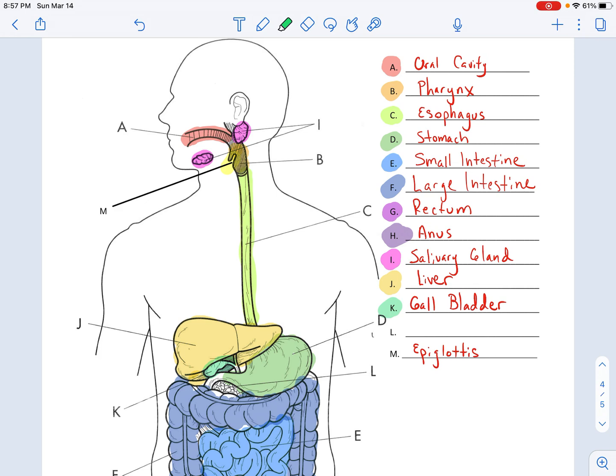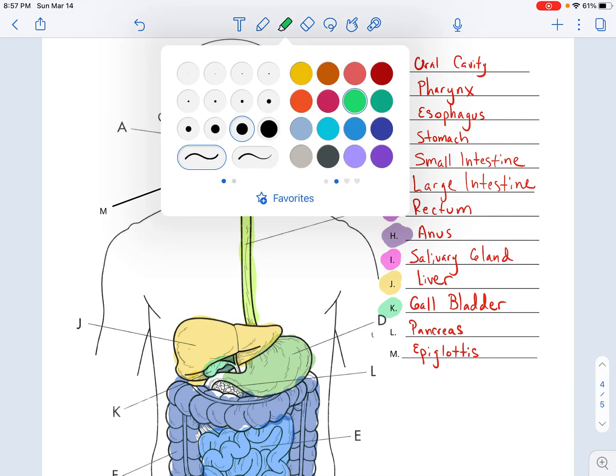And then finally, L, pancreas, which sits tucked underneath the stomach, somewhat horizontally underneath the stomach. And we'll do that one in gray.